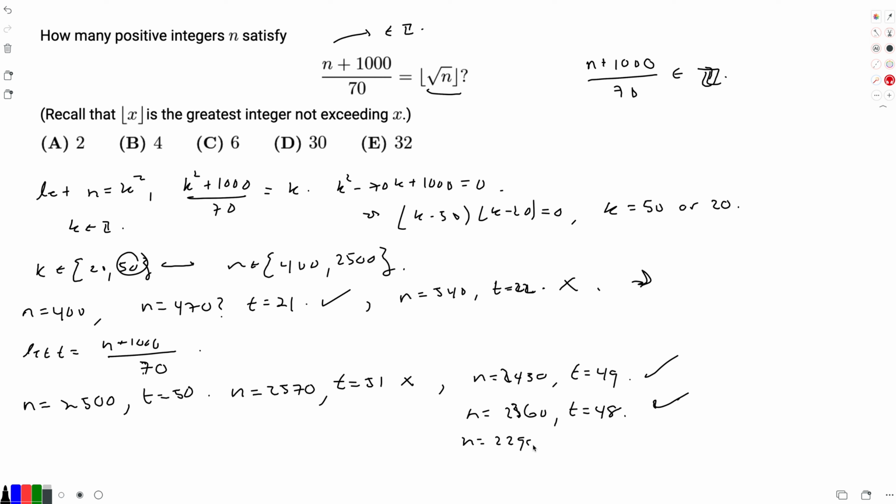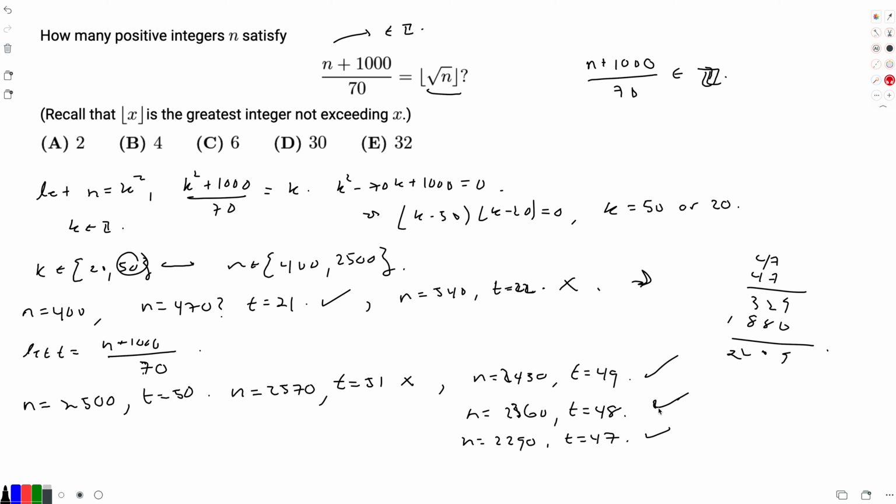Let's just try this. t becomes 47. We're going to test all the values because we know there are not going to be too many. For 2290, what is 47 squared? I actually don't know the value of 47 squared. Let's see, 47 squared is 2209. So 2209 versus 2304, this is still going to floor down.